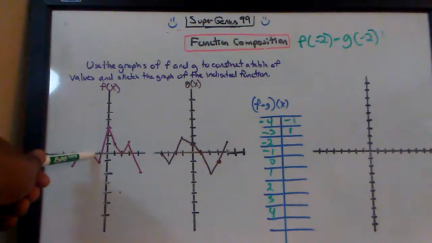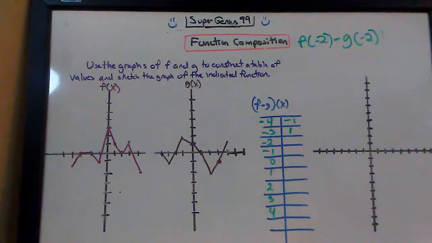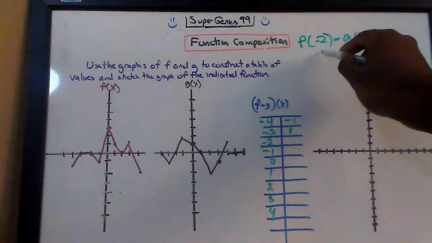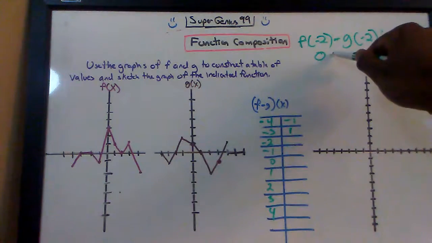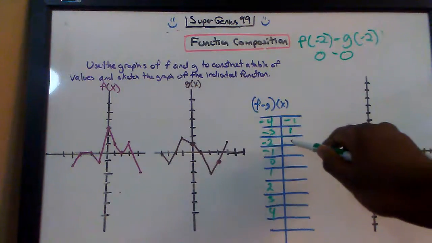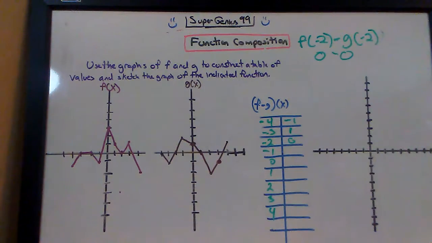When x is -2 on the f graph, y is 0 again. And when x is -2 on the g graph, y is 0. What is 0 minus 0? 0. Okay, let's look at the next one.